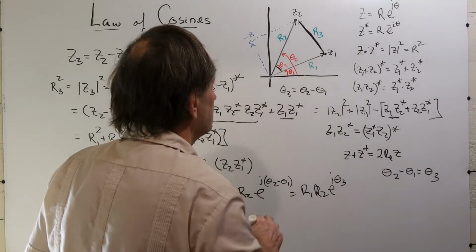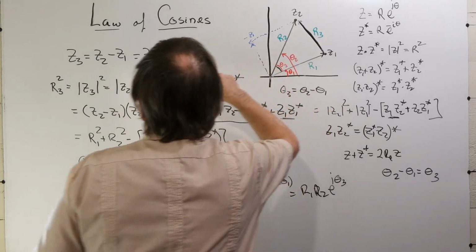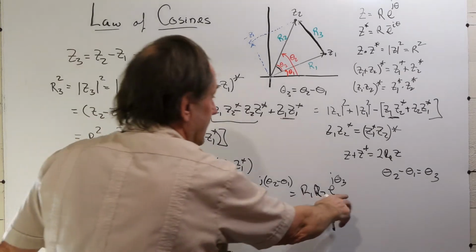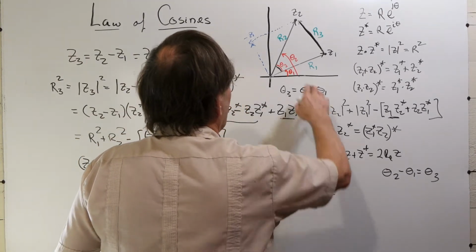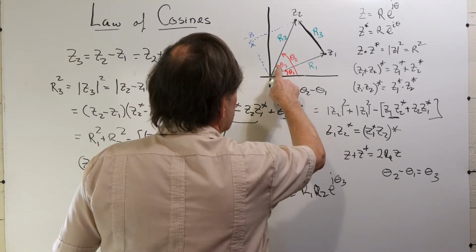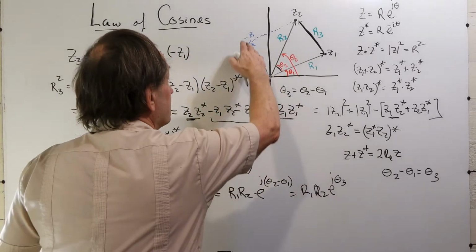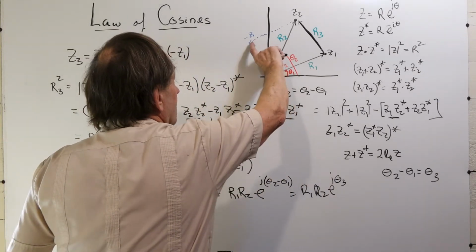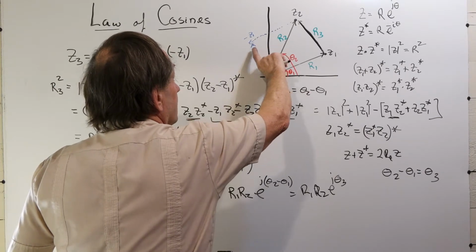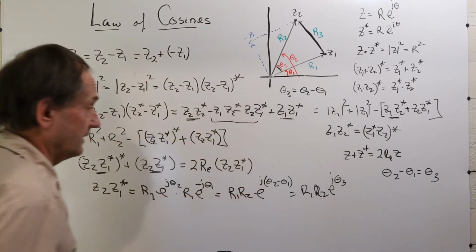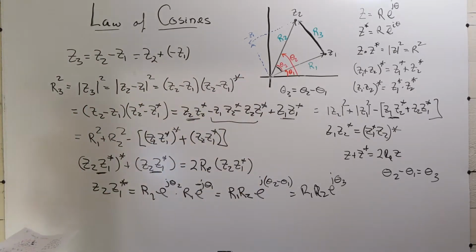Not to be confused with the angle that Z3 is. The angle of Z3 and this theta 3 are not the same. This theta 3 is the interior angle of the triangle and has no relation to the angle of Z2 minus Z1, which is Z3. Just to keep that straight.